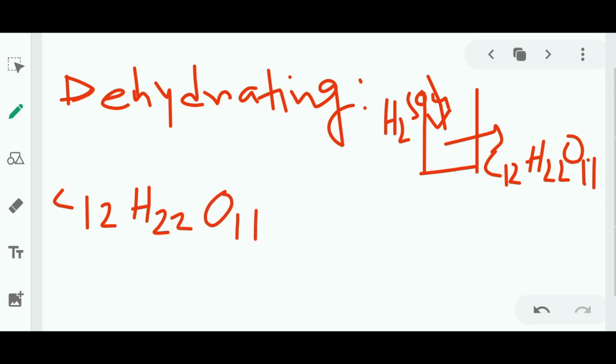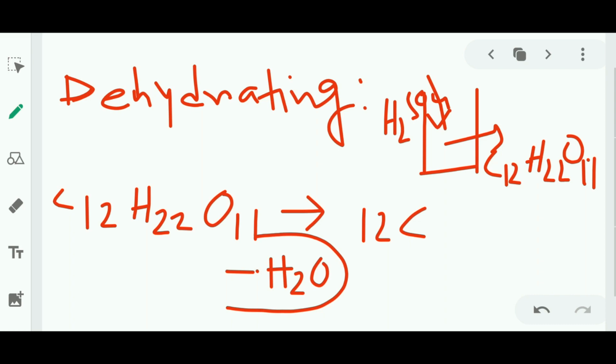At that time 11 molecules of H2O will be removed from water. 11 molecules of H2O. 11 twos are 22 and 11 ones are 11. So this total amount is released as water. Okay, so this is the dehydrating property of H2SO4.